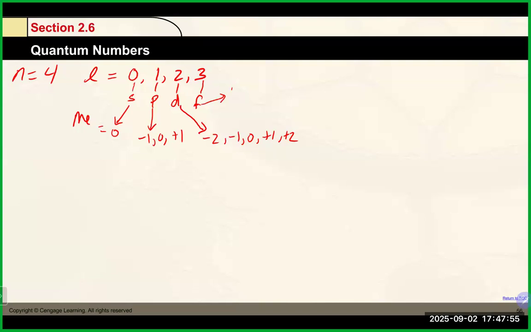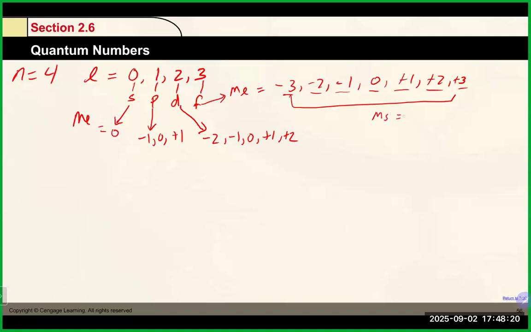And now here for our M sub L for 3: -3, -2, -1, 0, +1, +2, +3. Dare I count those numbers? 1, 2, 3, 4, 5, 6, and 7. And again, that is why we have 7 f orbitals available to us on an energy level. And again, the M sub s here, for any of those orbitals, would be plus or minus 1/2.